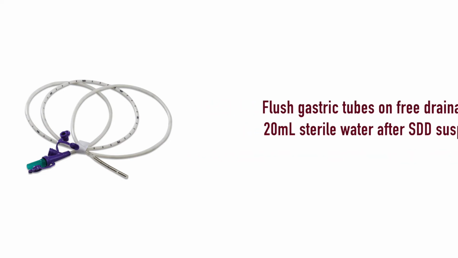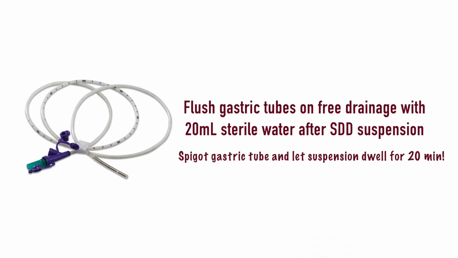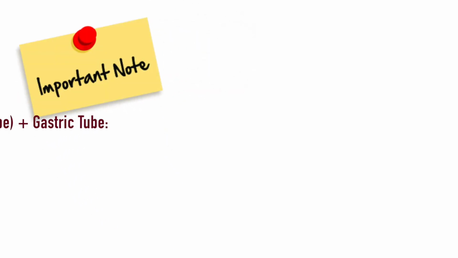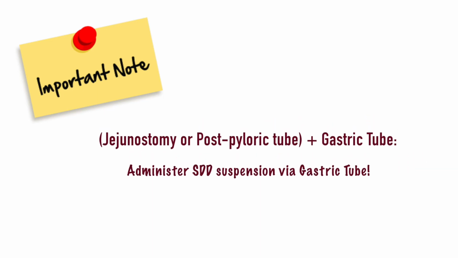If your patient's gastric tube is on free drainage, administer the SDD suspension followed by a minimum of 20 milliliter flush of sterile water. Then spigot the gastric tube and allow the suspension to dwell for a minimum of 20 minutes. If your patient has a jejunostomy or post-pyloric tube and a gastric tube, administer the SDD suspension using the gastric tube.